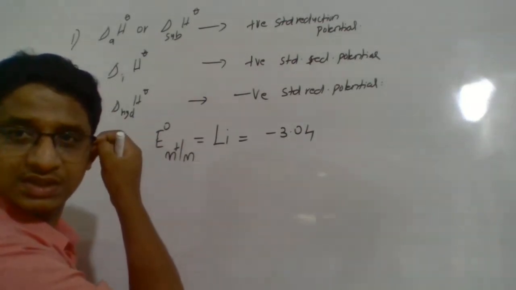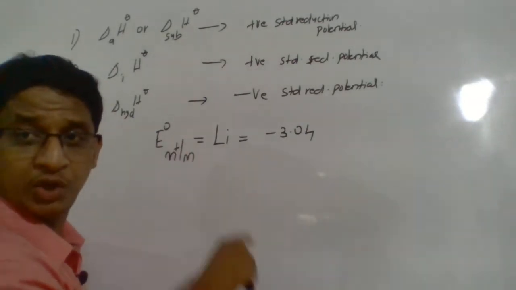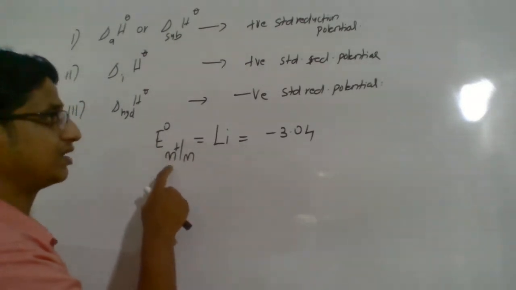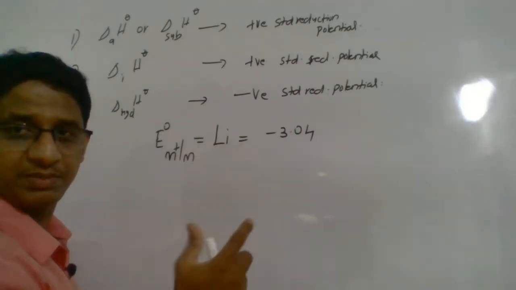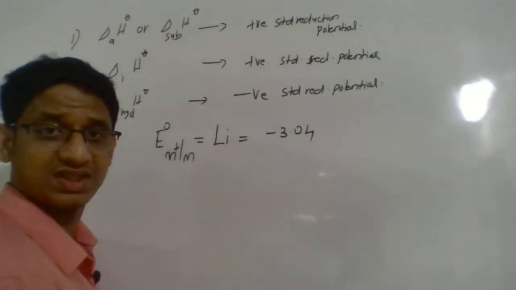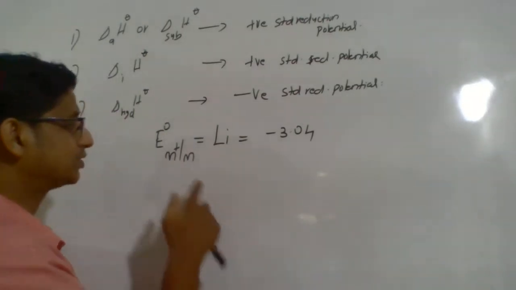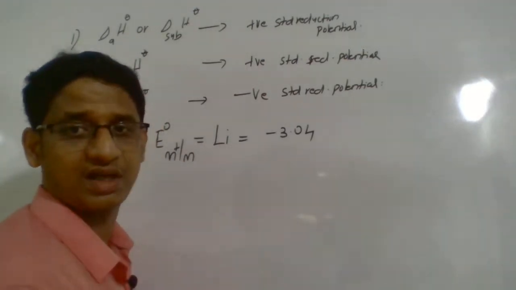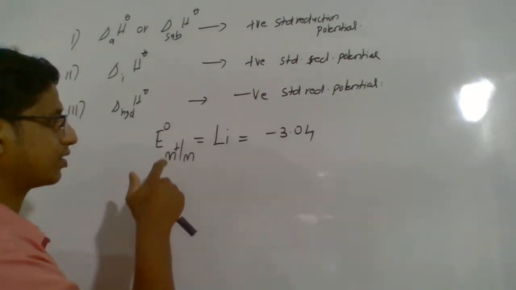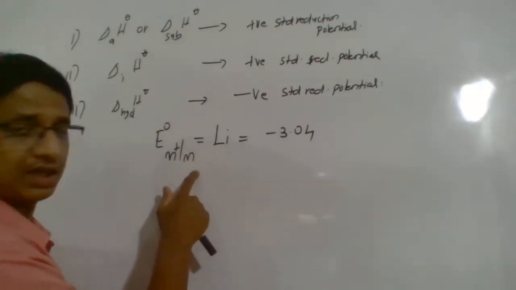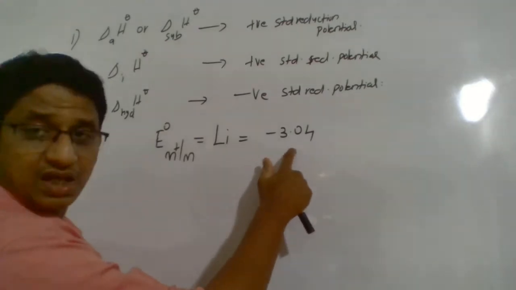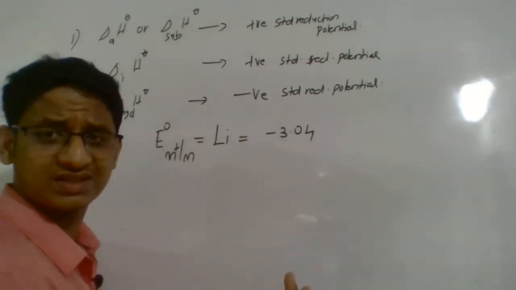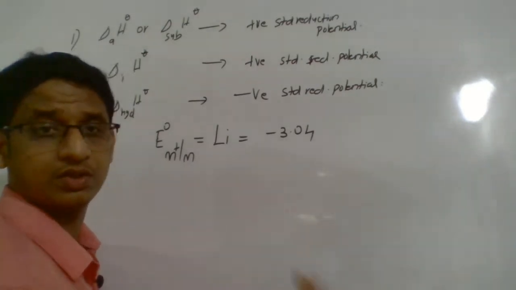Or you can think the opposite: the tendency to undergo oxidation from metal to metal plus is higher. Reduction means decrease in oxidation number. Oxidation means increase in oxidation number. Here we are selecting reduction potential as the standard. So the tendency to undergo reduction from metal plus to metal is a large negative value, which suggests it has very little tendency to undergo reduction, or the highest tendency to undergo oxidation.